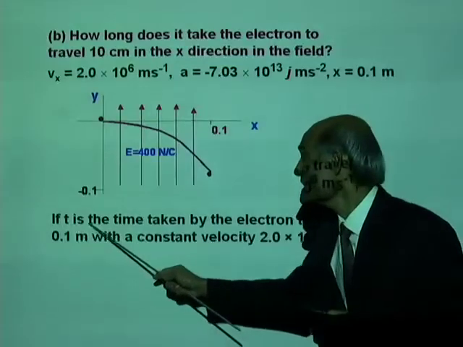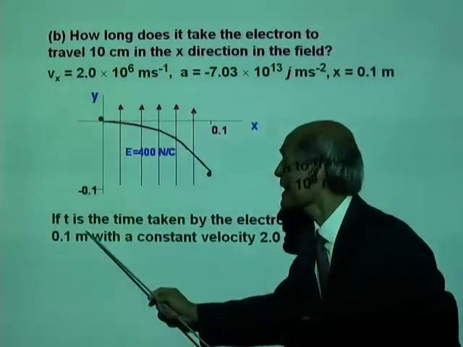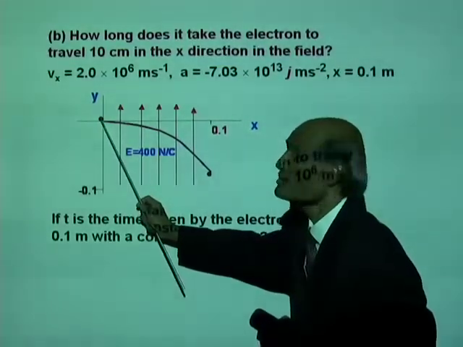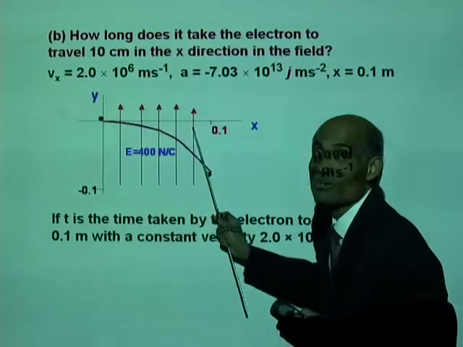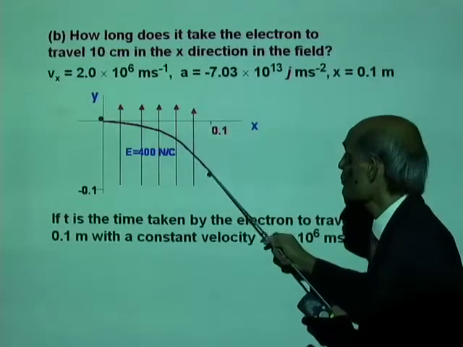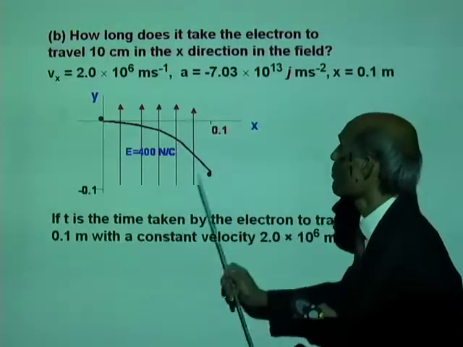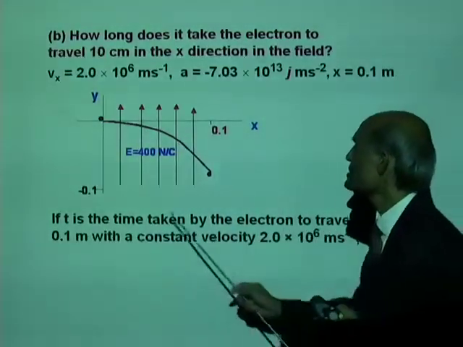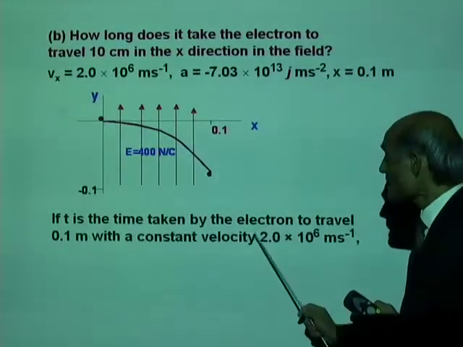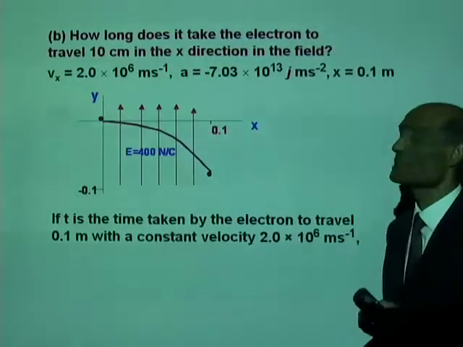That means if t is the time taken by the electron to travel 0.1 meter, from, suppose this is the origin, x equal to 0 to x equal to 0.1, the electron is going to travel like this. That means it travels the distance x equal to 0.1 in a time t, alright? And it has a constant velocity of 2 times 10 to the 6 meter per second.